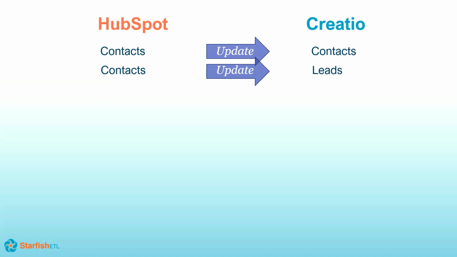They do not have leads. So that's why if you're updating a contact in HubSpot, it will update a lead in Creatio if that's who it's connected to in Creatio. Or you can enter a contact in HubSpot and it will create a lead in Creatio.